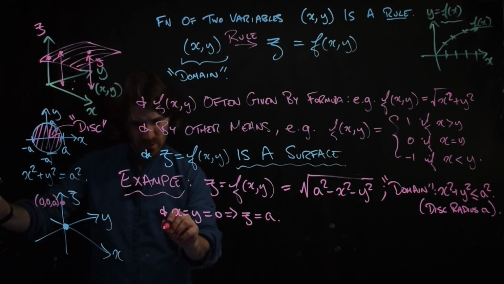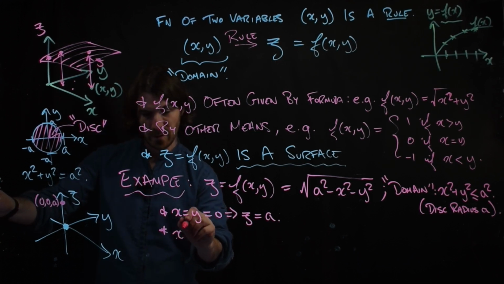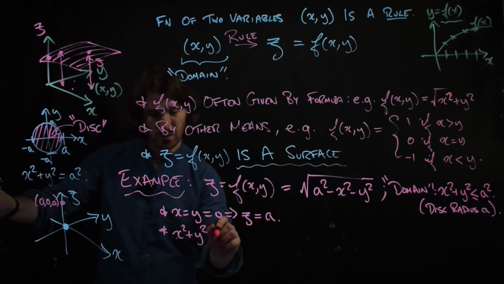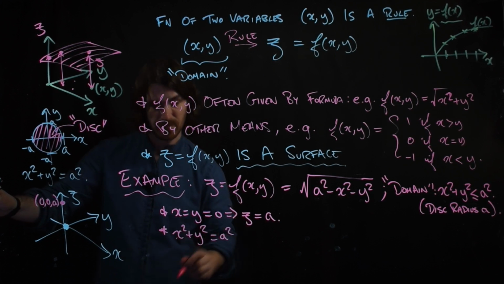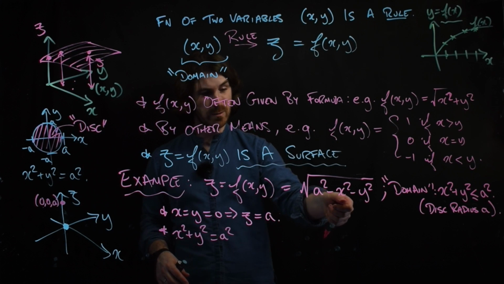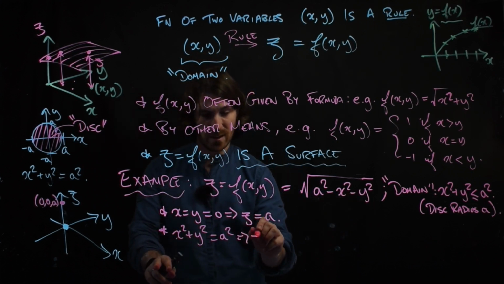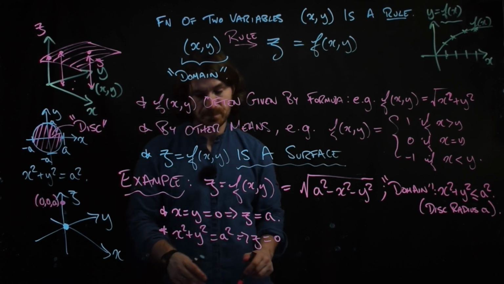We can also consider all the points that satisfy x squared plus y squared equals a squared. Okay, and when x squared plus y squared equals a squared, then this thing vanishes, and we just have that z equals 0.